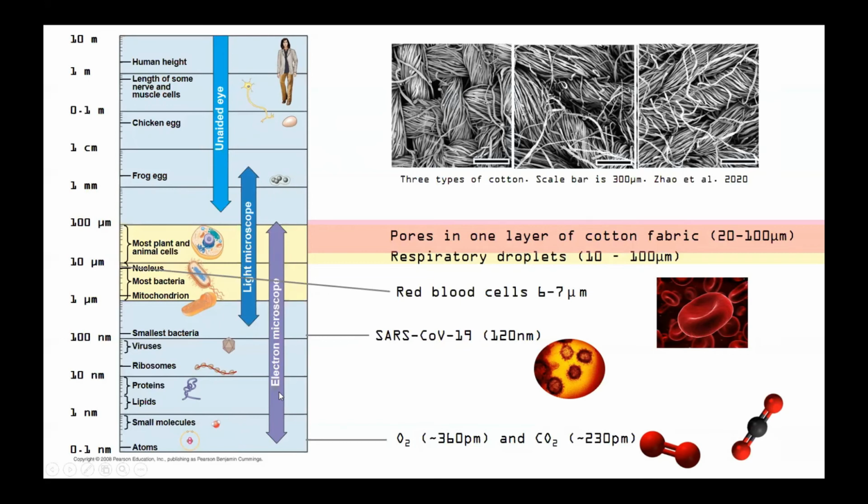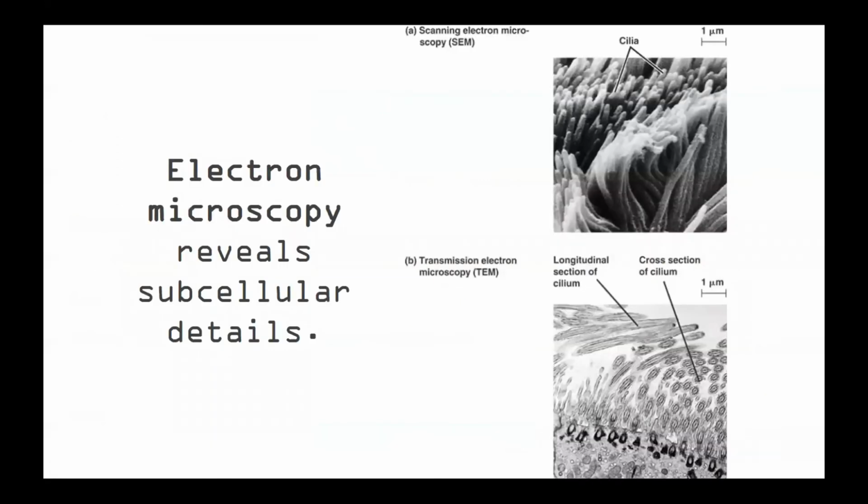So let's talk about a couple of different types of electron microscopy. So first, at the top, we have what's called scanning electron microscopy. This is kind of what you think that it would be. We sort of scan along the top of these samples, okay? This gives us a lot of surface detail, okay?